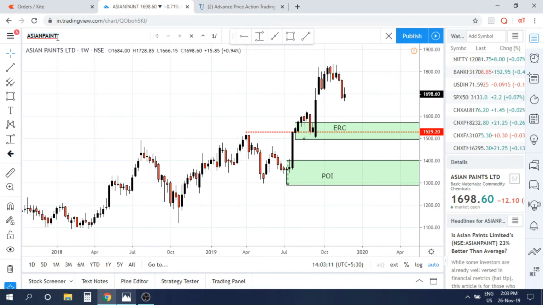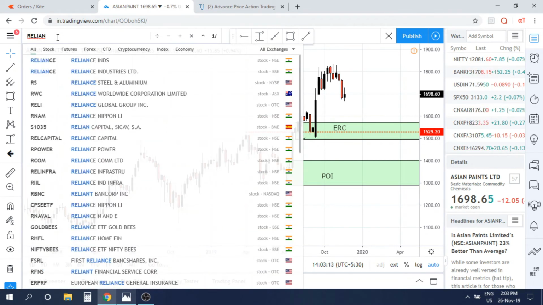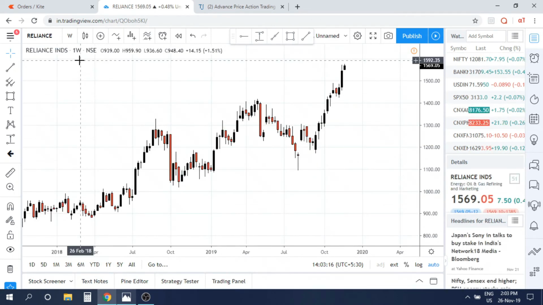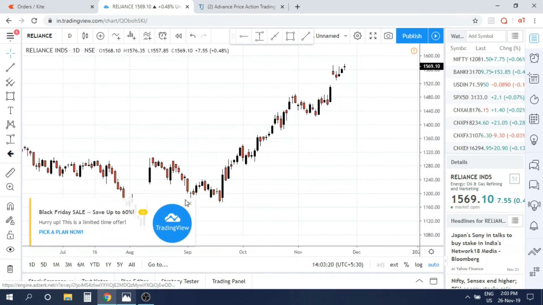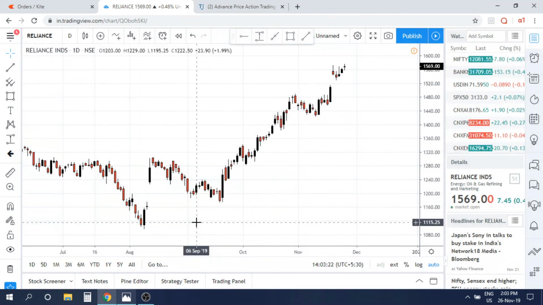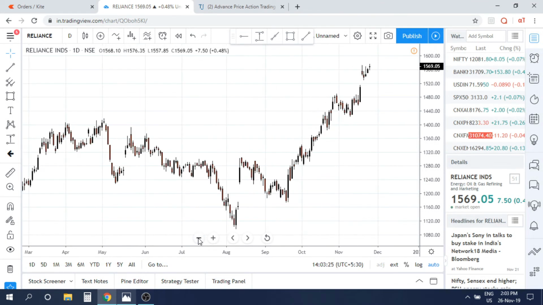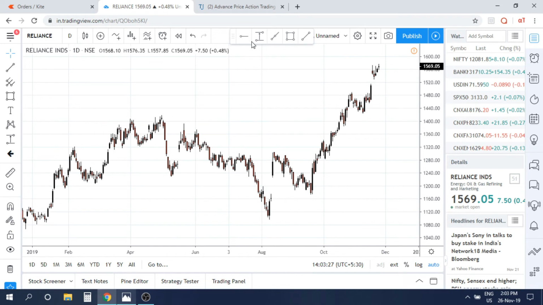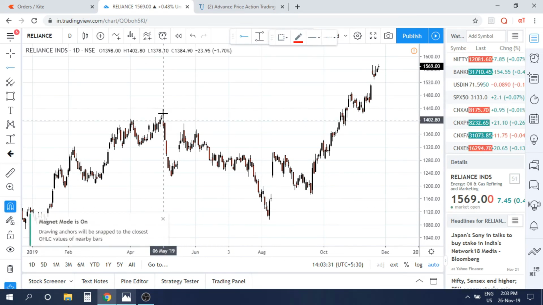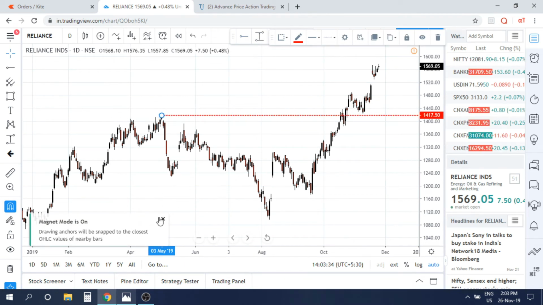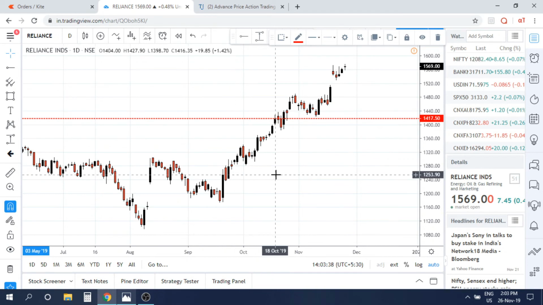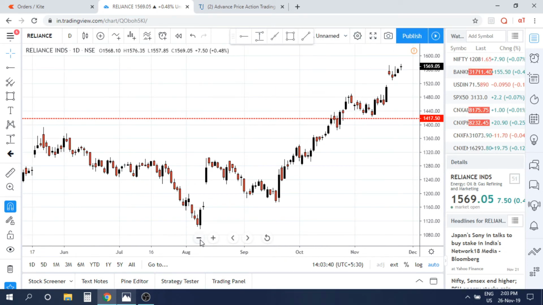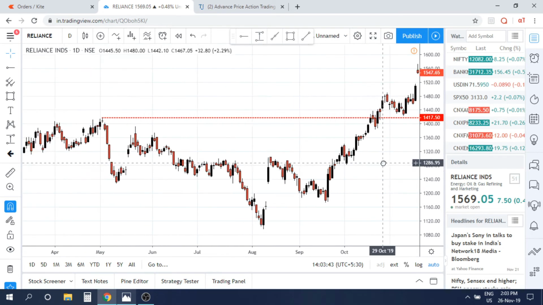This is Reliance's daily, I think. So which zone? Okay, this one. This was the all-time high. Yes, so again, the strength wasn't that great, but still, this is an ERC zone.